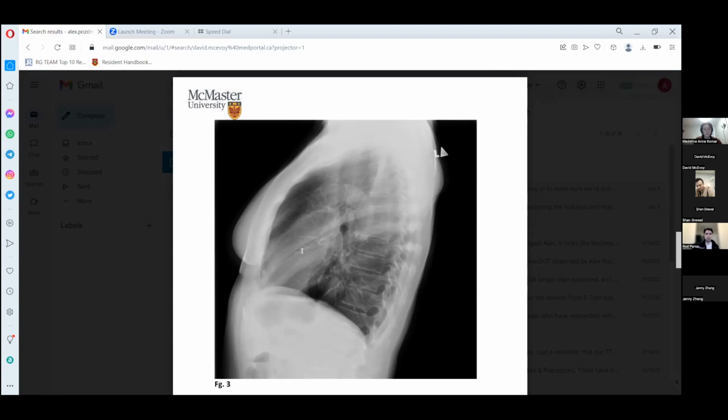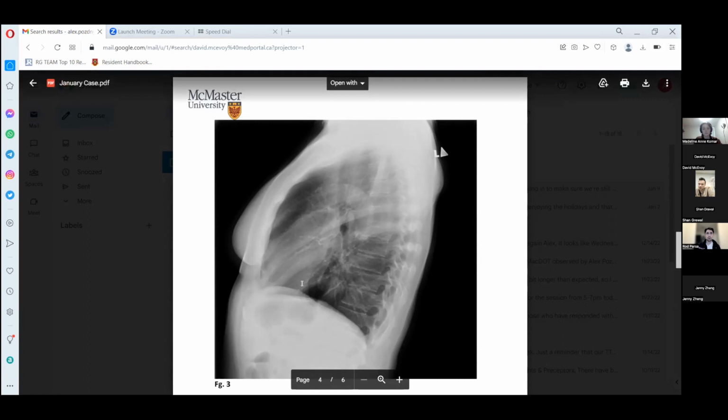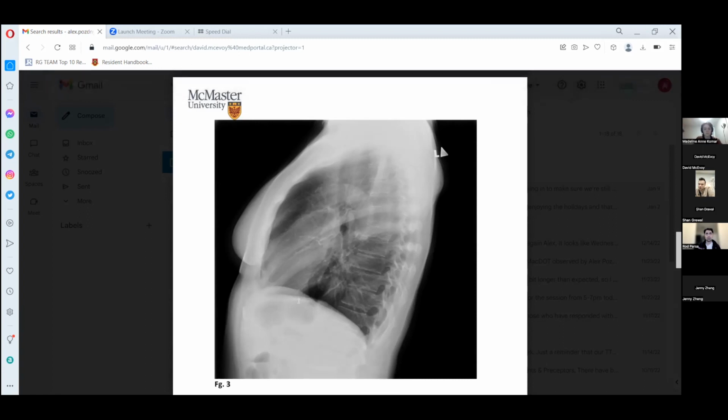There are also ways to tell whether you're looking at the right or the left diaphragm on the lateral. The reason you can tell which one is which is usually with the help of the heart. The heart usually will abruptly stop the left hemidiaphragm, and here I suspect it's this one, and this one is more continuous.